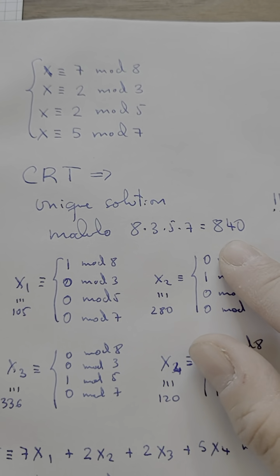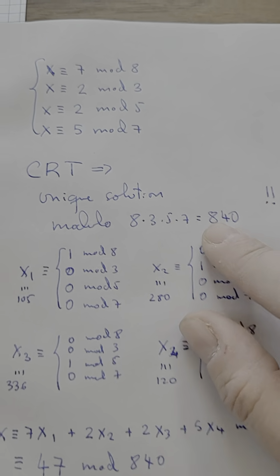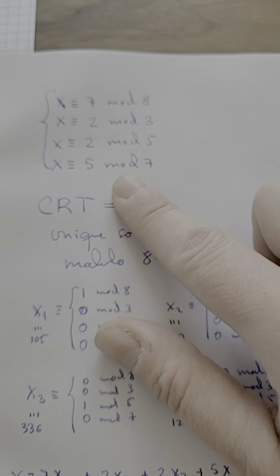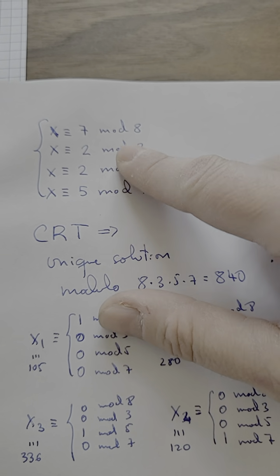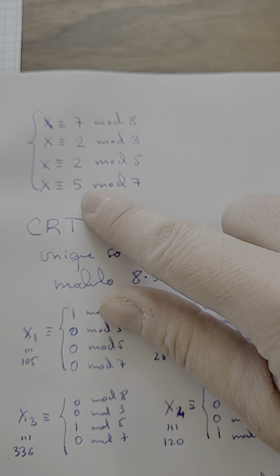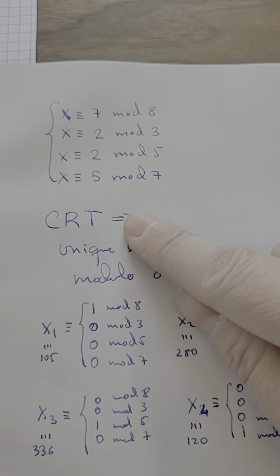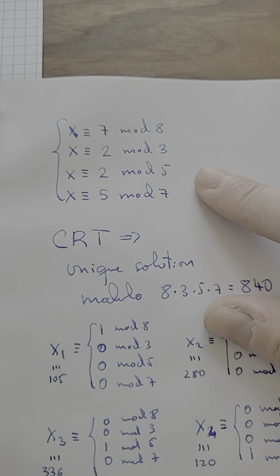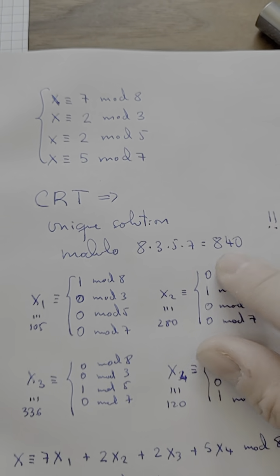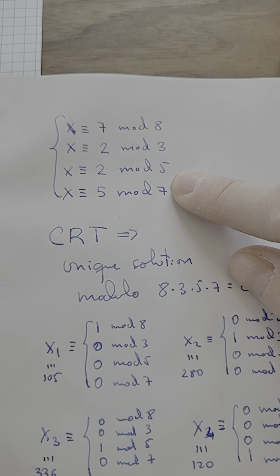To compute a solution modulo 840, we use the Chinese remainder theorem, because we're looking for an integer that is 7 mod 8, 2 mod 3, 2 mod 5, 5 mod 7, and the Chinese remainder theorem assures me that there is a unique solution modulo the product of these moduli.